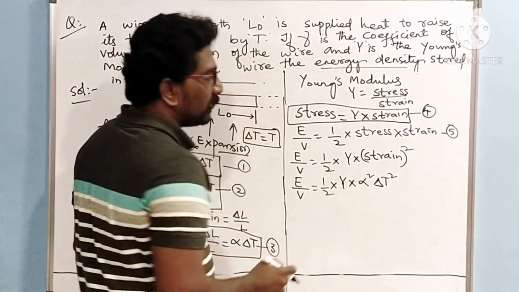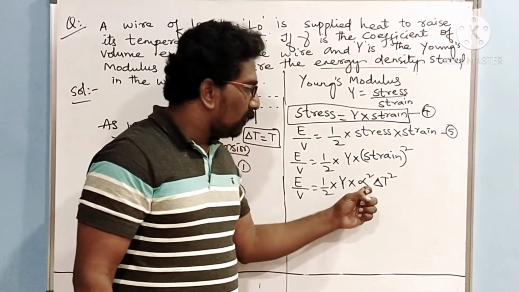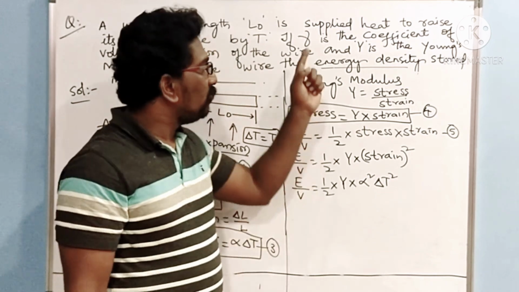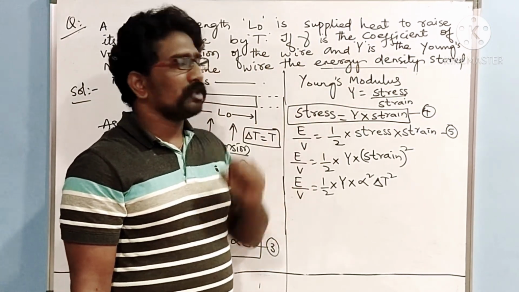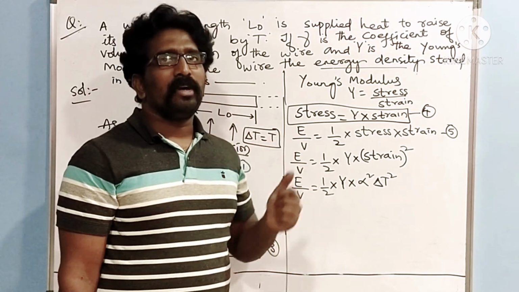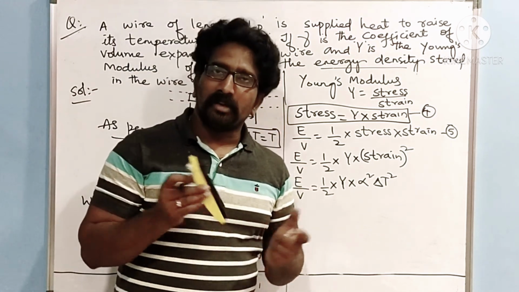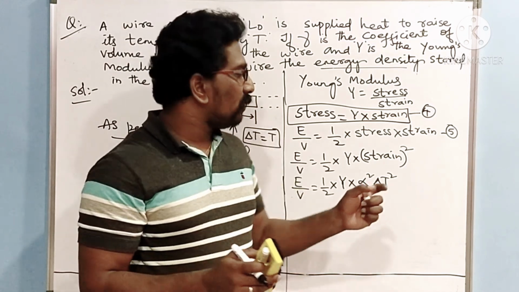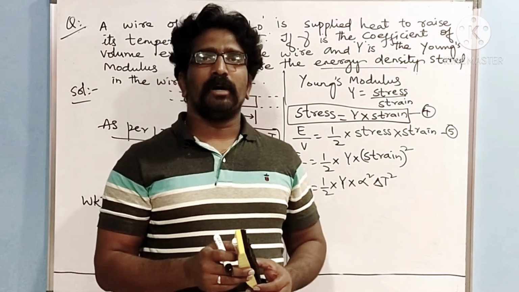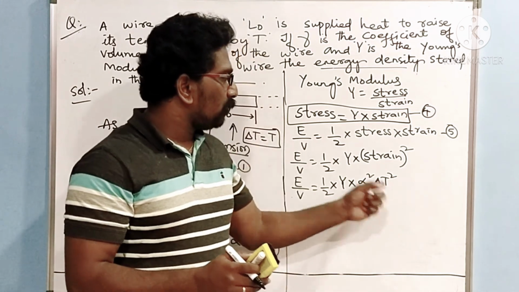Alpha is the coefficient of linear expansion, and in your problem gamma is given, that is the coefficient of volume expansion. Try to convert alpha in terms of gamma. We know the relationship between gamma and alpha: gamma is equal to 3 times alpha. So now alpha becomes gamma over 3. Then what about delta T?